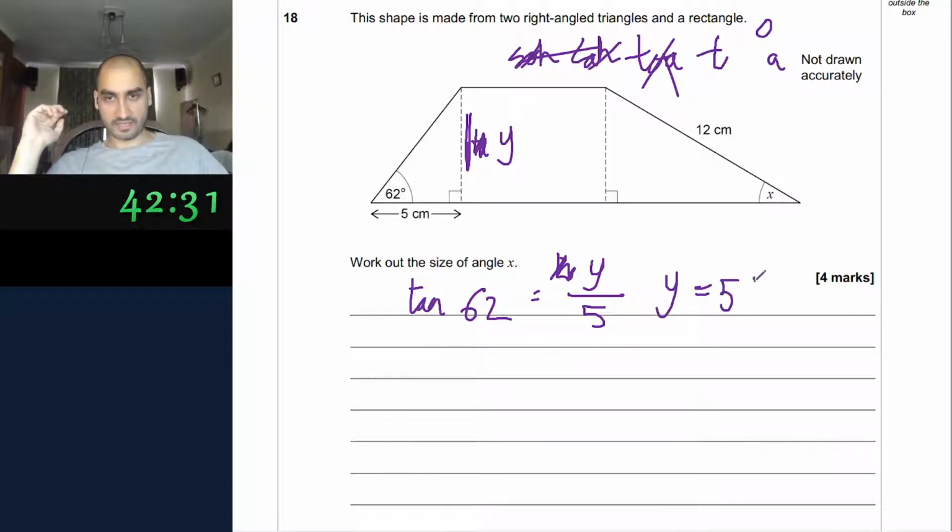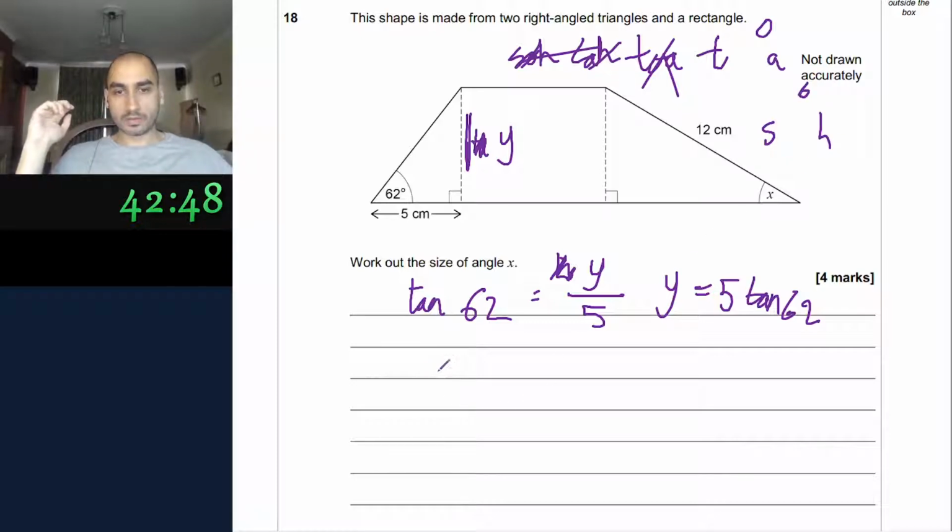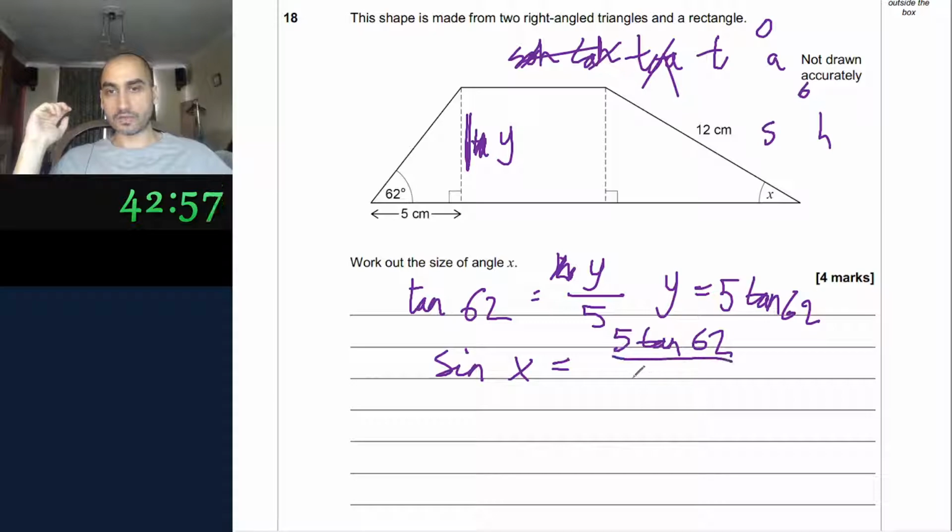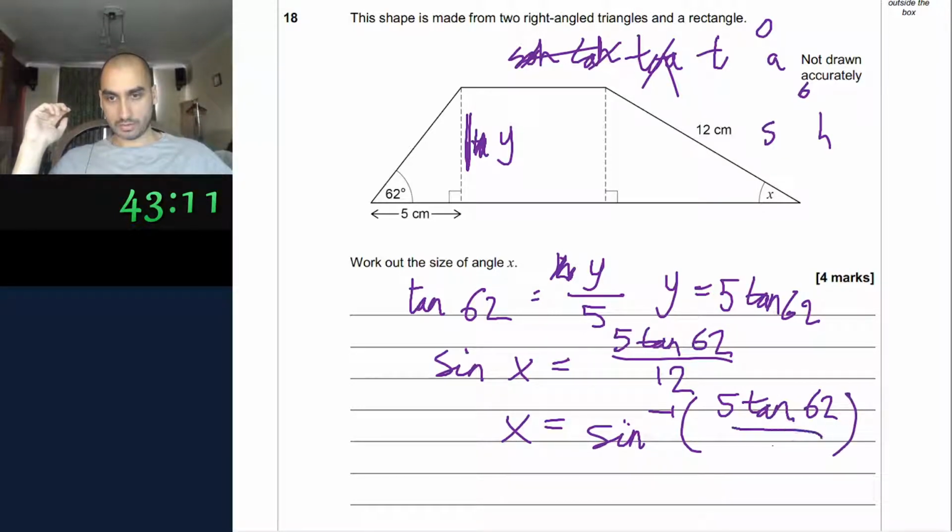So Y equals 5 tan 62. And then to get X, we use sine X equals 5 tan 62 over the hypotenuse, which is 12. So X equals inverse sine of 5 tan 62 over 12.